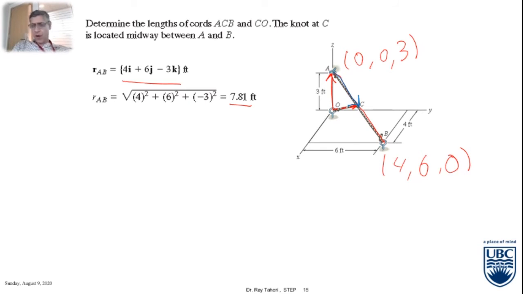If I have OA and AC, I can simply add them together and find the vector OC. Let's follow that. We know that C is the midpoint between A and B, therefore AC is half of AB. So anything we have here divided by 2, so it's 2i plus 3j minus 1.5k, that's AC. And OA is very simple.